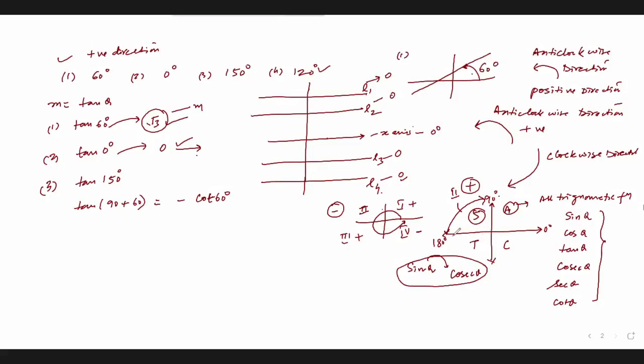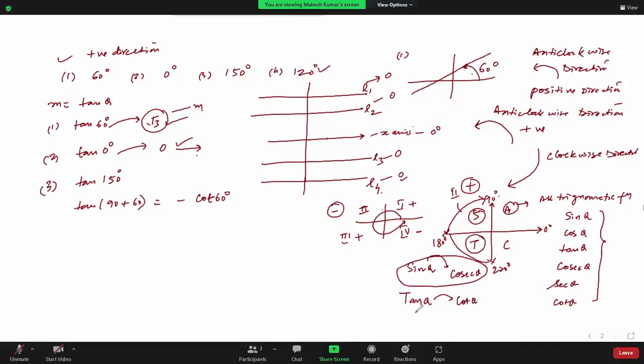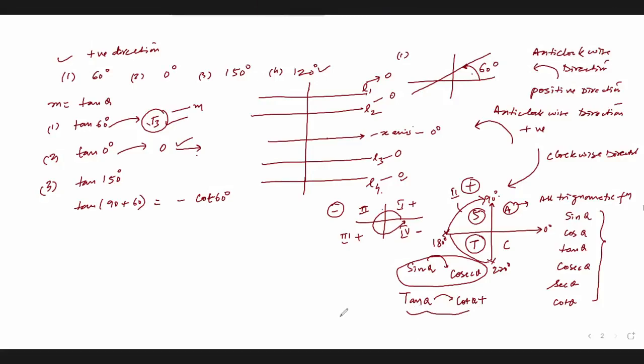When we move to the third quadrant, from 180 to 270 degree, I have written T here. T means tan theta, and the reciprocal of tan theta is cot theta. They both are positive, and the other trigonometric functions are negative.